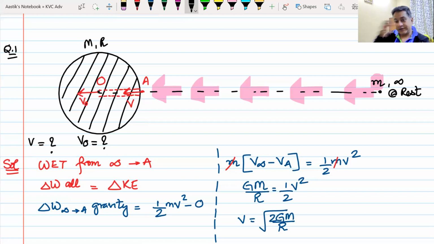It's going to keep on moving. With what velocity will it hit the center of the planet? I have a tunnel dug. Root over GM by R, sir. Root over GM by R. How did you get it?